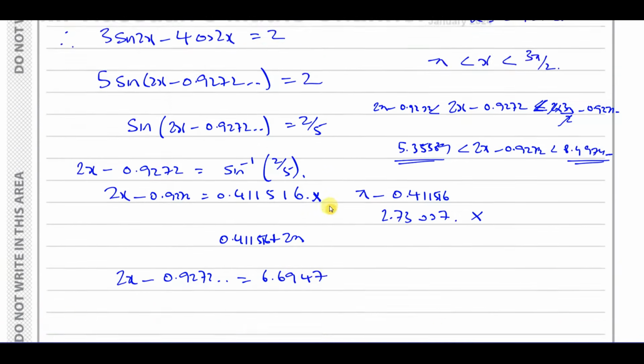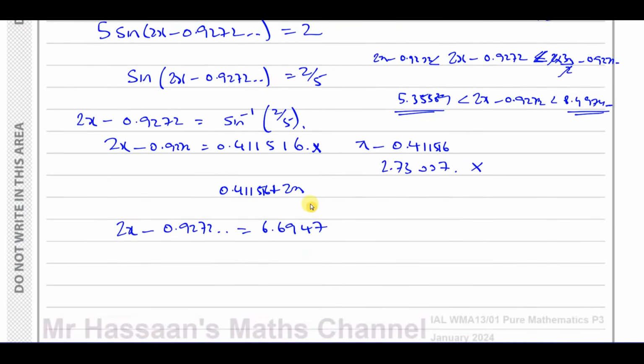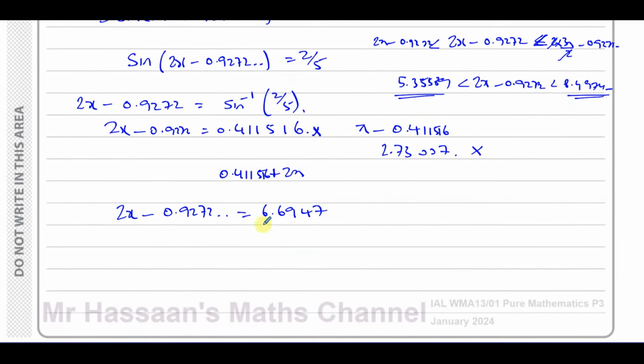We want 3 significant figures in the end, so we can leave it to more than 3 significant figures. That's fine. So that's going to give us our answer now. The only answer. If I add 2 pi to this, it's going to be outside of our range. We can try it if you want, but let's just keep this answer in our calculator for now.